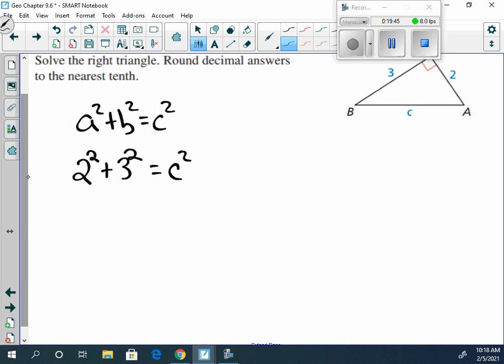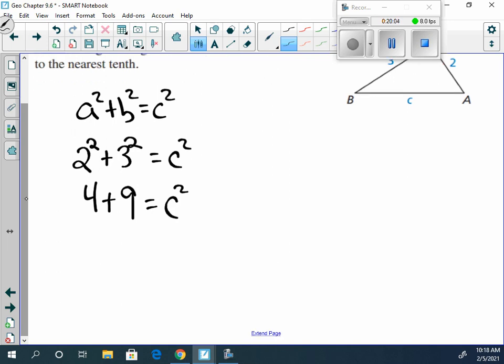Now we could do this in a calculator because 2 squared and 3 squared are all on the same side of the equal sign. We can just add those together, yeah? So I can do 2 squared plus 3 squared in a calculator. Can you tell me the answer? Now 2 squared is 4 and 3 squared is 9. And 4 plus 9 is?